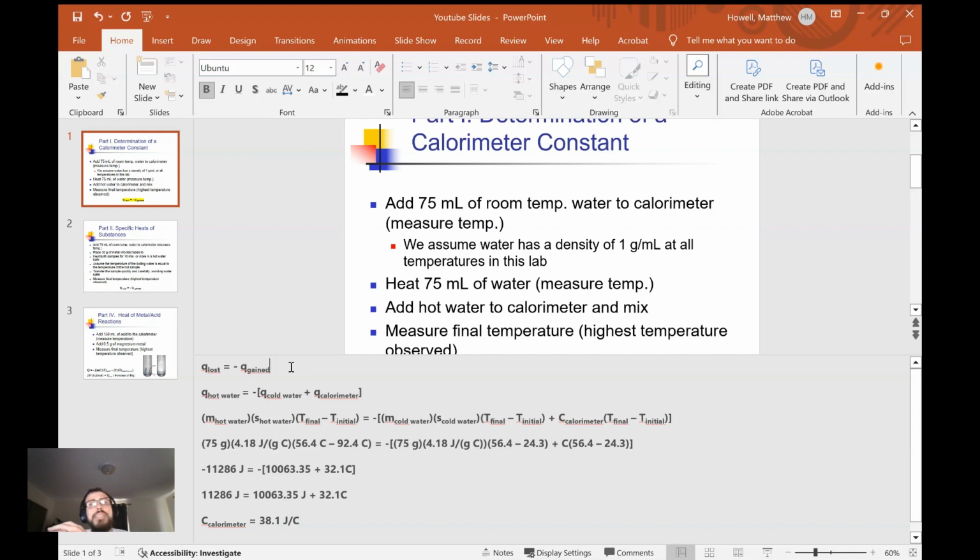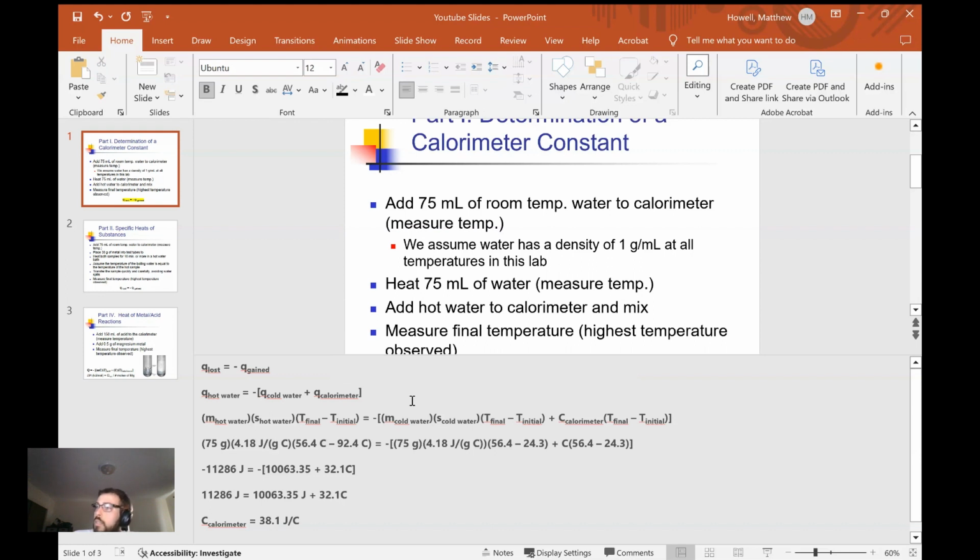And so in that situation, what must be losing the heat is going to be the hot water. So I could say Q subscript hot water as what is going to be on the left side of the equation. And then the two things that can gain the heat that the hot water releases is going to be the cold water and the calorimeter.